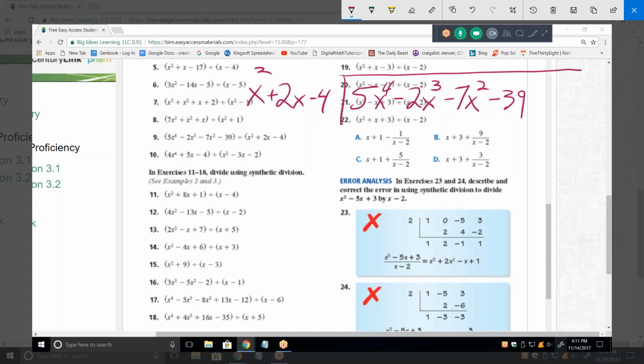First step. In other words, the very first thing we do is check and make sure everything has every power of x. Already screwed it up. Did not have x to the 1 in the dividend. Okay, so first step.